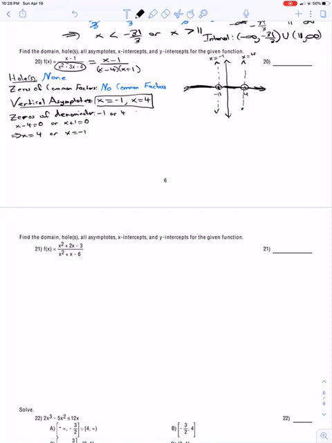So with that said, we can go right to the domain, which they've asked us to find. So domain will be all real numbers less than negative 1, or all the numbers greater than -1 and less than 4, or all the numbers greater than 4. There's your domain. All real number values of x that satisfy our function. -1 and 4 don't.